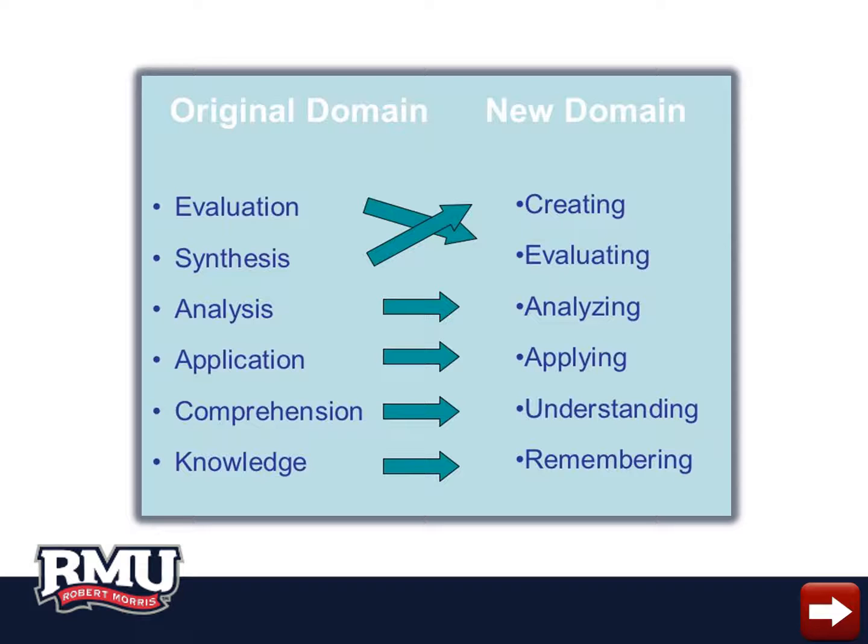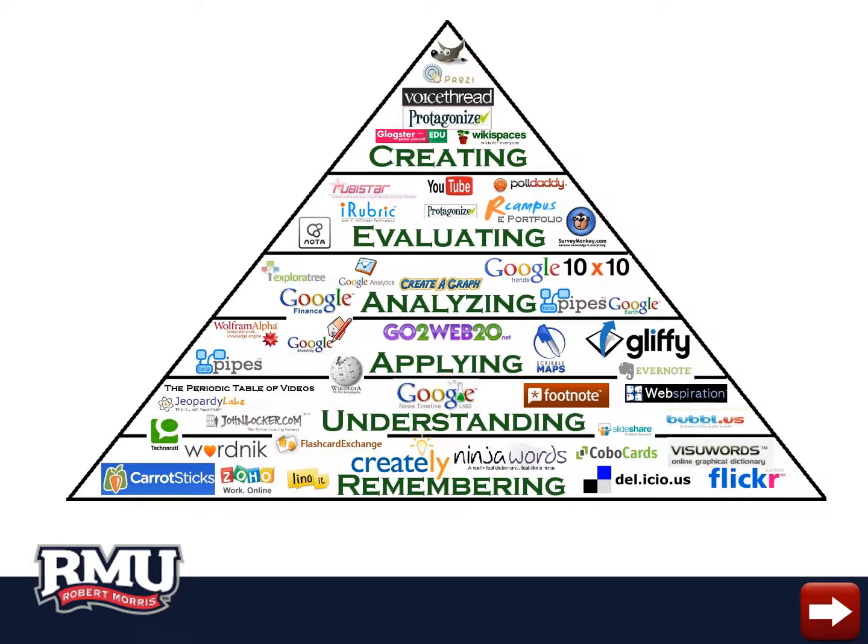And here's an updated version of Bloom's taxonomy with the new domains, but applying a web or internet or Web 2.0 or Web 3.0 set of tools and resources. At the bottom, we see remembering, which is kind of interesting in that we see a different use of Creately, Ninja Words, Flickr, Zoho, all websites that focus on memorization.